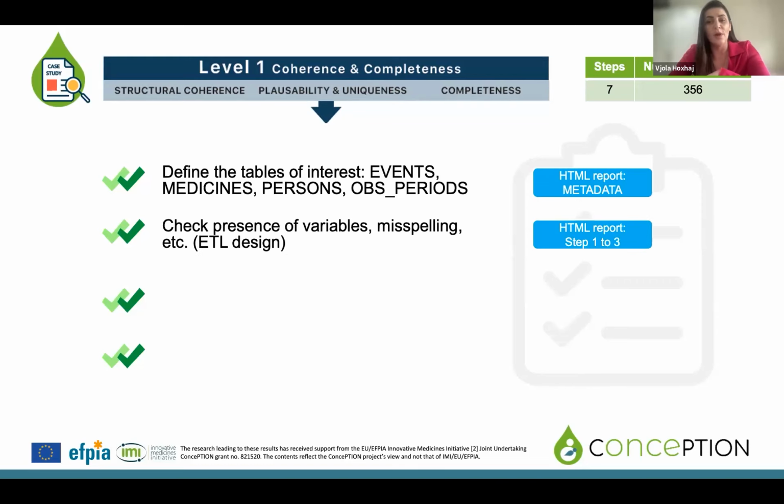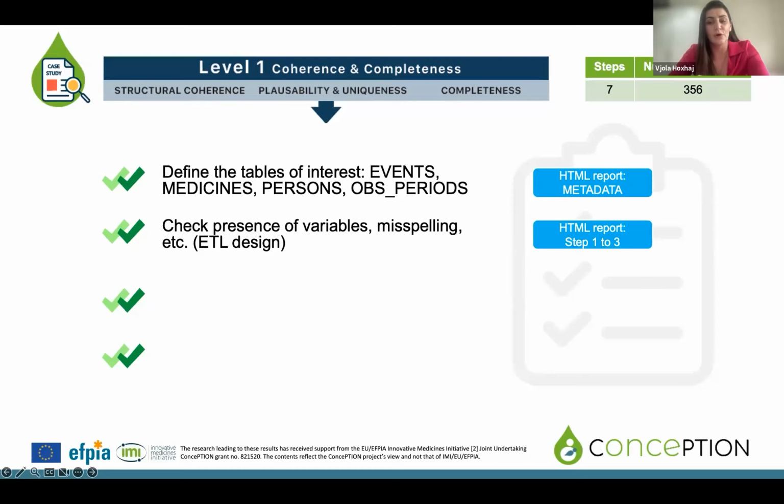In our study, we are also looking at ibuprofen utilization, which means that we need prescriptions or dispensing of ibuprofen, and this information is stored in the medicines table. We also want to know whether the women had a diagnosis of chronic pain, and to retrieve this information, we need the events table, where the diagnostic information is saved. So to check the presence of our mandatory tables, we can use the metadata HTML report produced by Level 1.